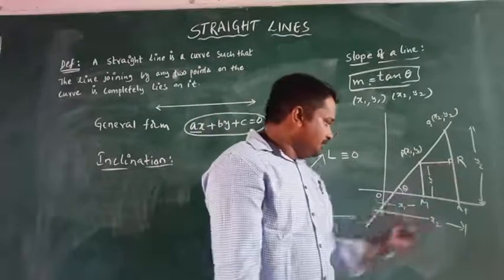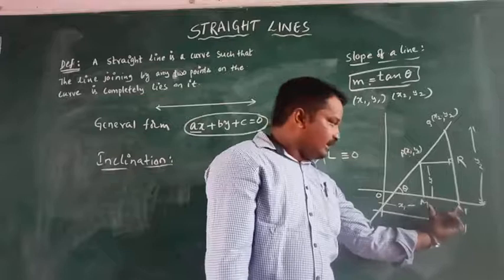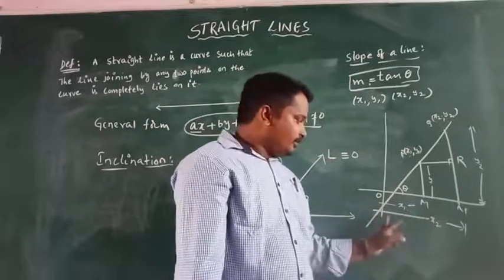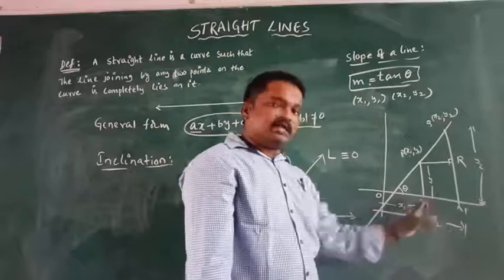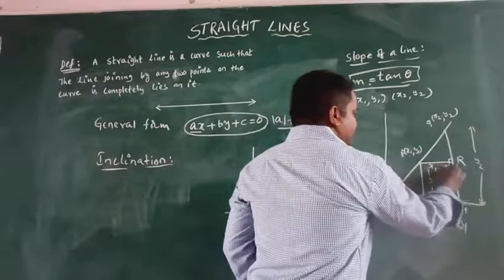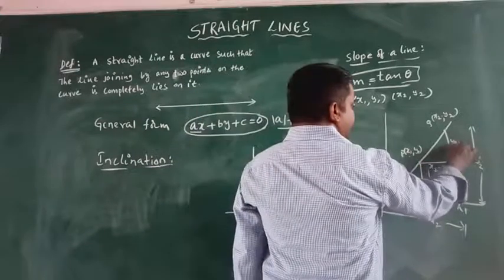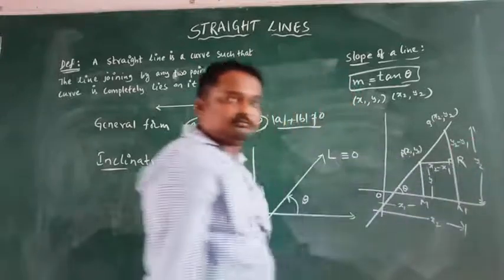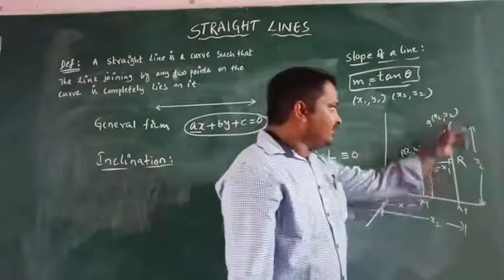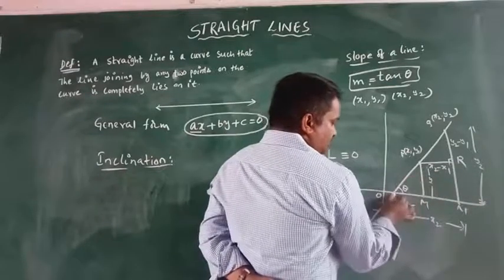PR and MN are equal. So MN equals ON minus OM. ON is x2 and OM is x1. So simply this is x2 minus x1. And QR is y2 minus y1.